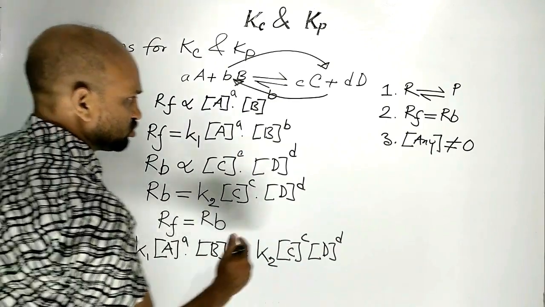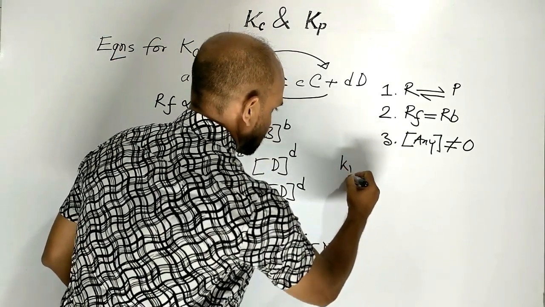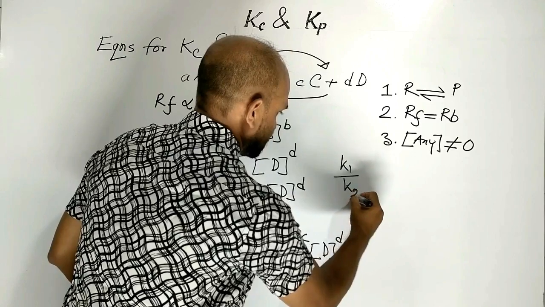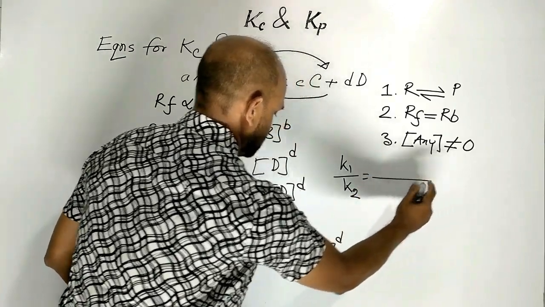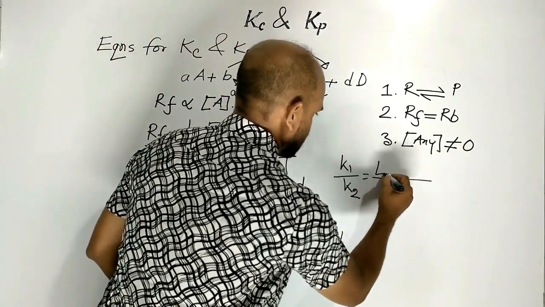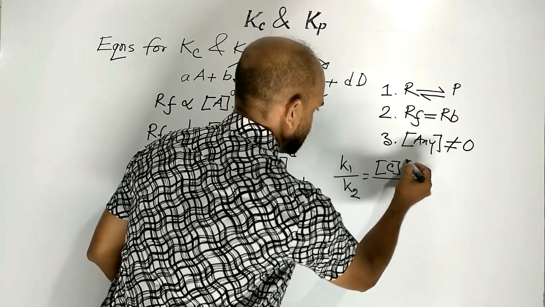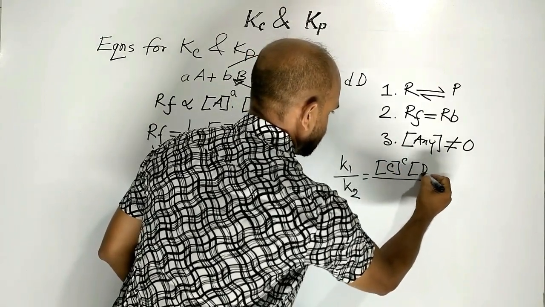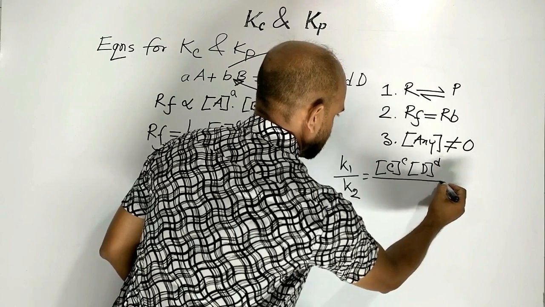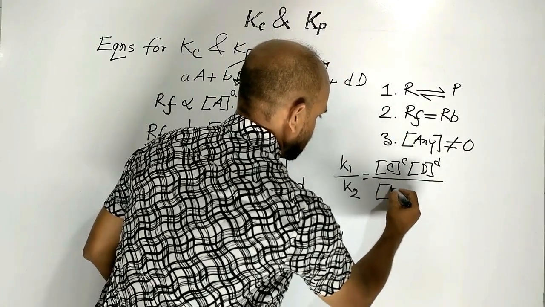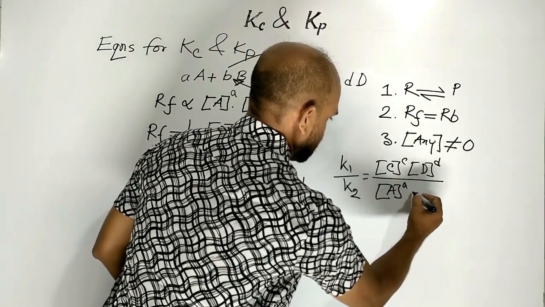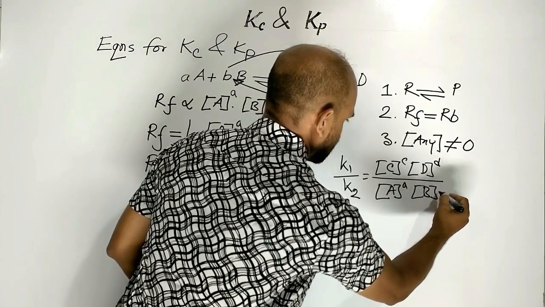From this equation we can write K1 by K2 is equal to concentration of C to the power c, concentration of D to the power d, divided by concentration of A to the power a, concentration of B to the power b.